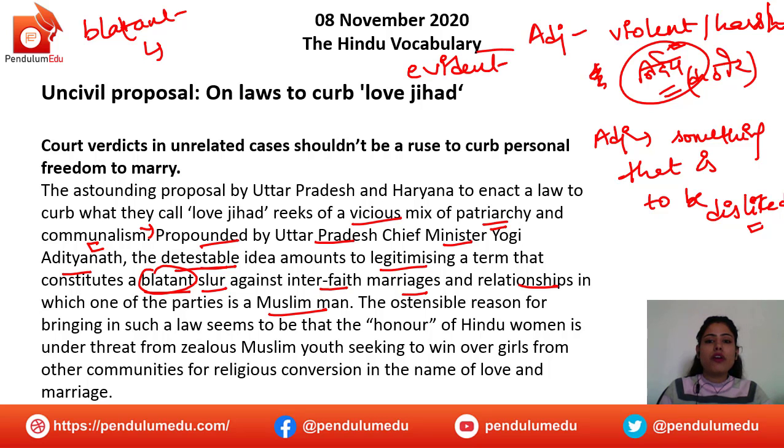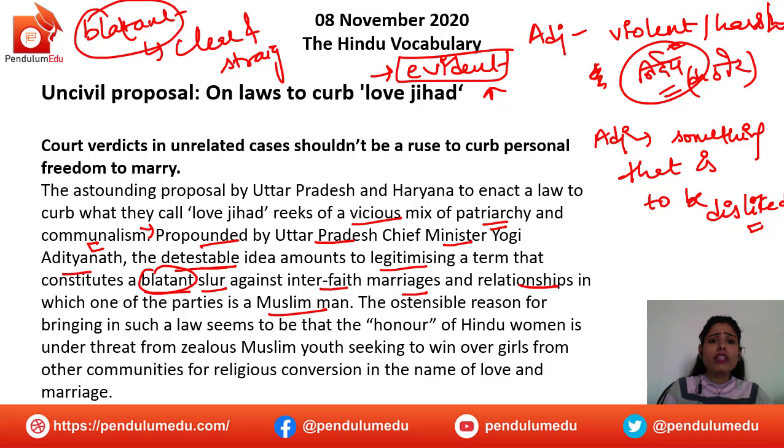In the past 2 to 5 years, evident was a word used a lot, but now it has been replaced by blatant, because it's the same. Blatant also means clear and straight, without any hesitation. So it turned out to be a blatant slur.